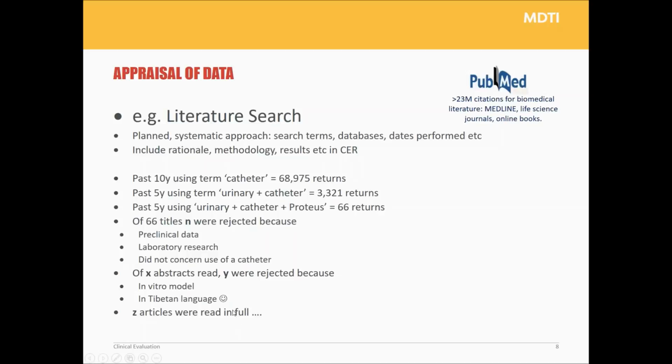This is really, really important, because, as you know, abstracts do not always contain the information that you're really trying to dig out, and the notified body reviewer wants to know, and they usually want to see, the full copy of every single article.